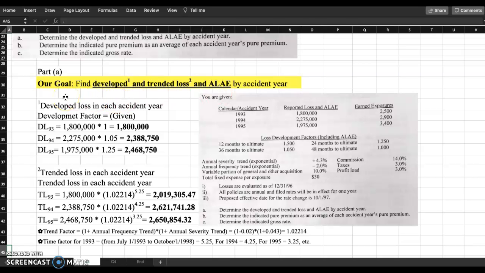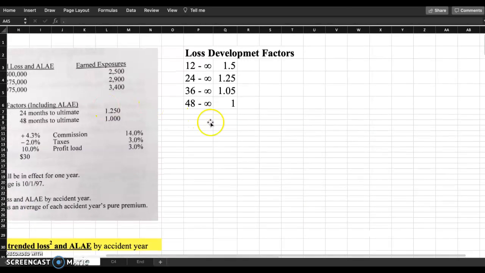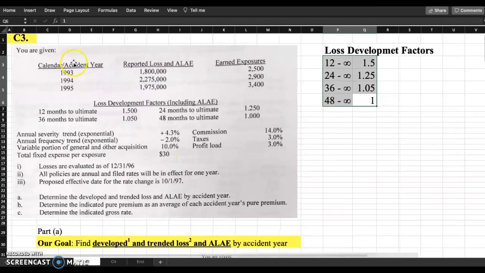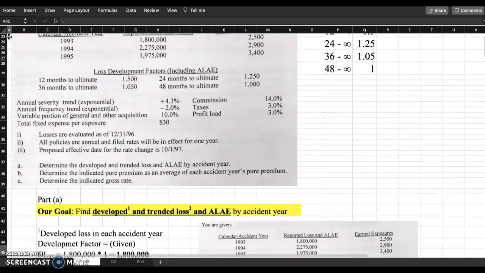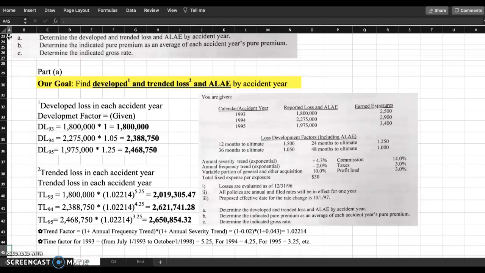Developed loss in each accident year is calculated by using the development factor. The development factor is right here. So we use that information to figure out the developed loss in each accident year.